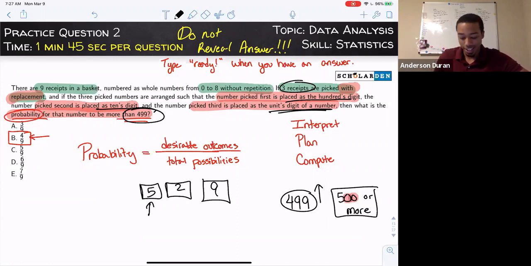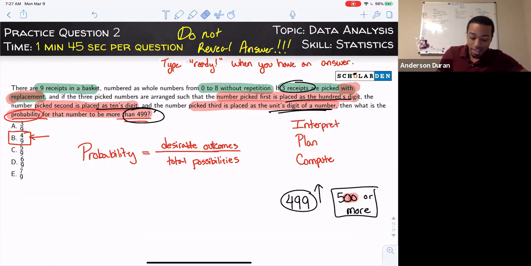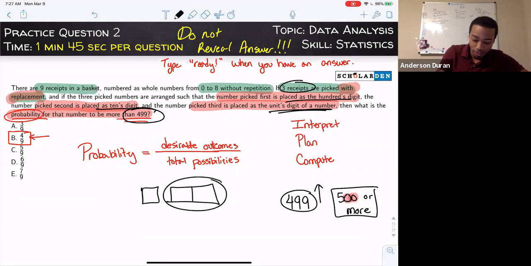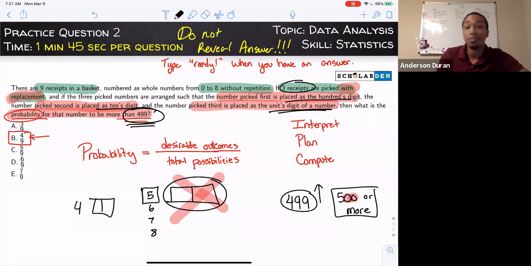And so the other two digits don't matter. As long as this is a 5, 6, 7, or 8, that will be greater than 499. If it's a 4, it doesn't matter what other numbers they are, it will not be greater than 499 because the max you can get to is 488, because you're going from 0 to 8.